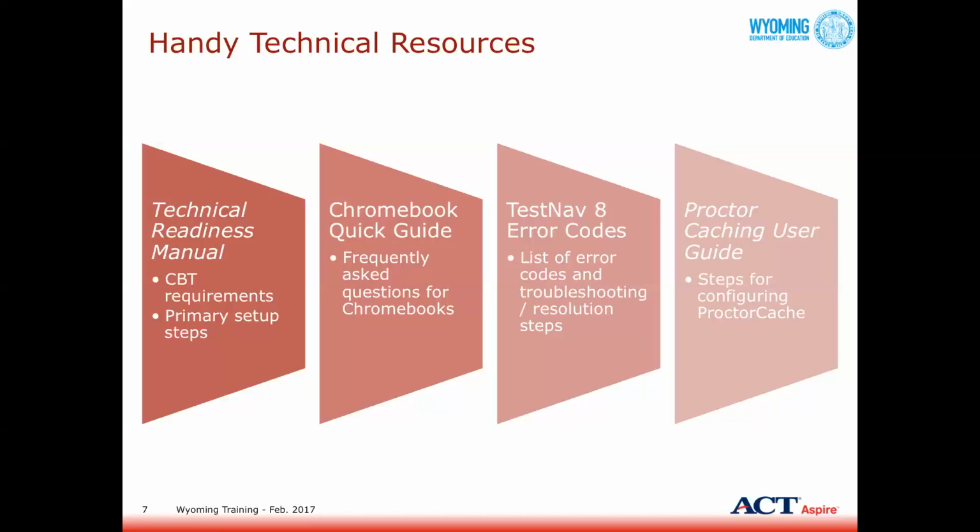Is it not accessing the Proctor cache machine? Is the test session not set up? So there's a lot of codes that are already pre-built into the system that it'll give you an error warning and actually dedicate that particular code. And you can look those up pretty quick and find out really what's going on. And of course, if you have any questions, feel free to either give us a call or send us a quick email, and we're happy to help you out.